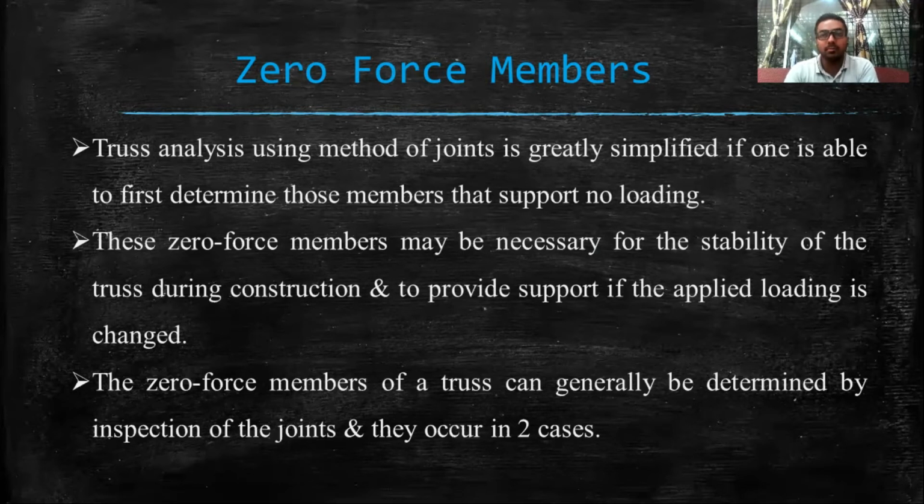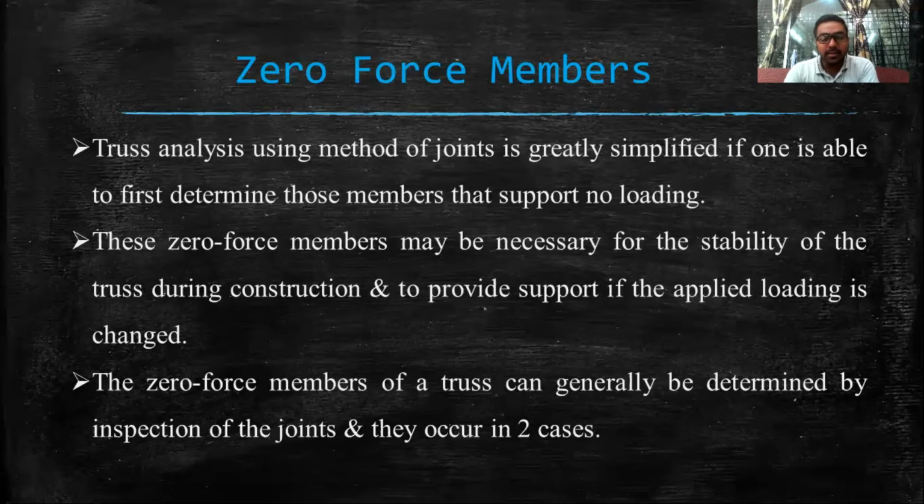But even though we provide those members, it may be because in the near future some loads may come, and due to that some additional force may be induced in that particular member. So for safety purposes, sometimes we provide members which, in the existing load condition, are subjected to zero force.